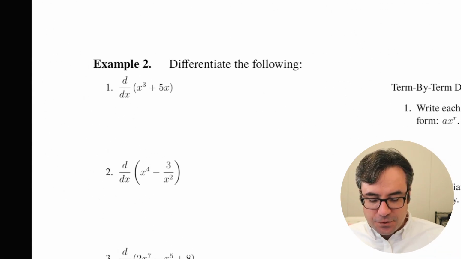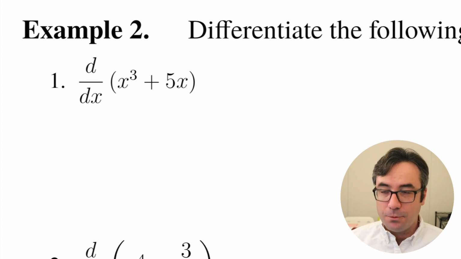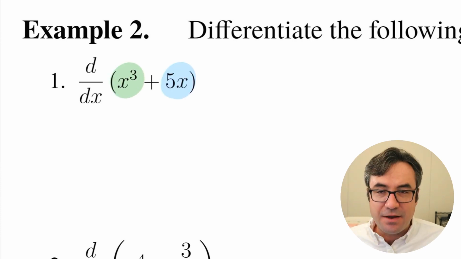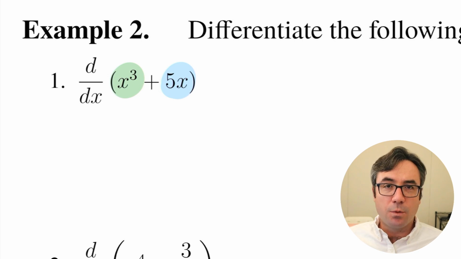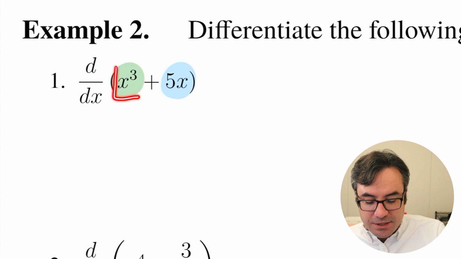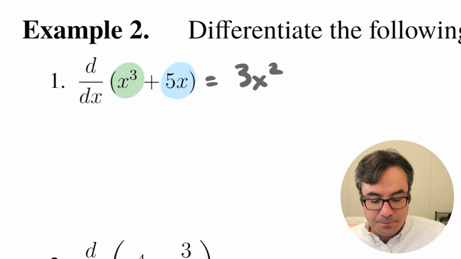So let's give this first one a try. We want to do the derivative of x cubed plus 5x. When I look at this, I see two terms. I have the x cubed, and then I have that 5x. And what we're going to do is differentiate first just that x cubed. So what do we get? Derivative of x cubed is 3x squared.